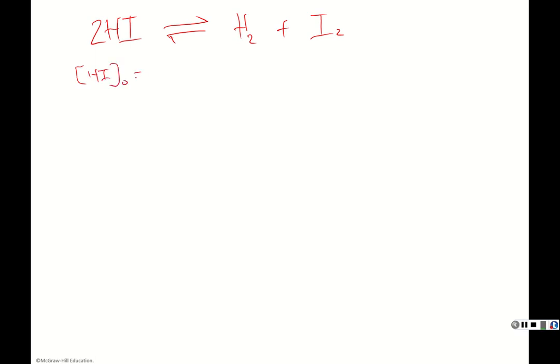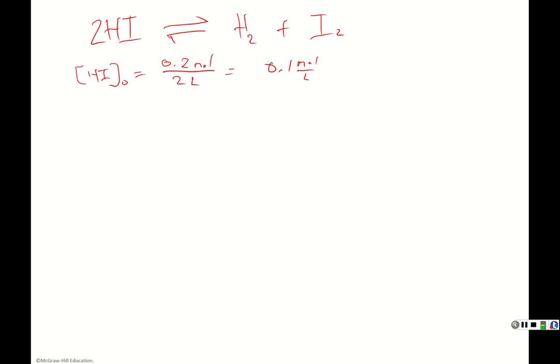I'll designate that with a subscript naught, which means initial. So we have 0.2 moles in a volume of 2 liters. That's a concentration of 0.1 molar, or 0.1 moles per liter.